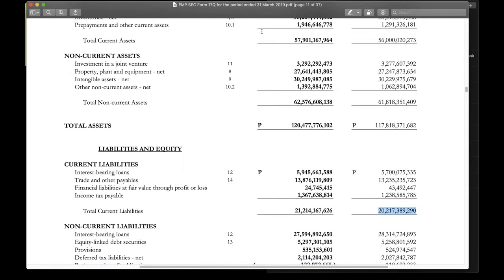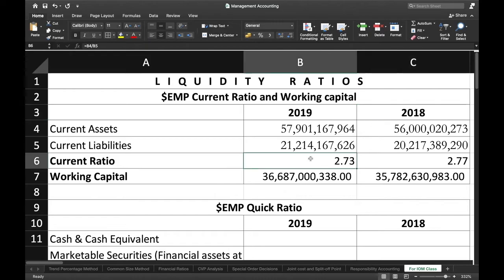Therefore, in every one peso of current liabilities of Emperador Incorporated as of March 2019, they have 2.73 pesos na current assets to cover that up. Meaning to say, kaya nila magbayad ng current na liabilities nila.